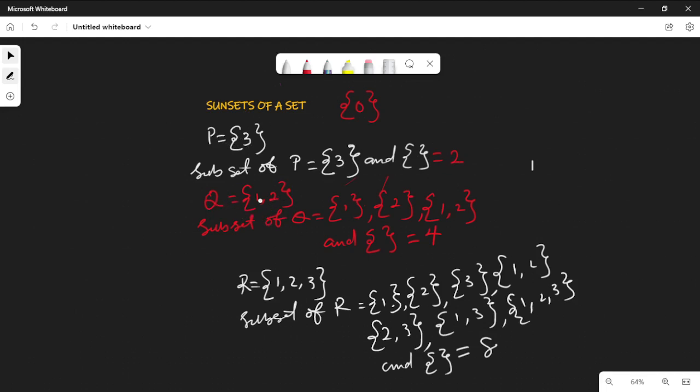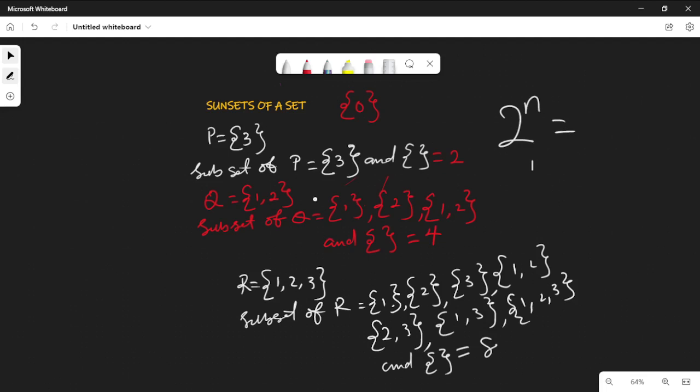When we have 2 elements inside, the number of subsets is what? 4. When we have 3 elements inside, the number of subsets is what? 8. Can we just say, since everything we are having here is like 2, 2, 2, 2, that the number of subsets can be written as 2 raised to power n?